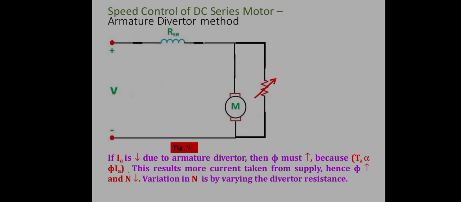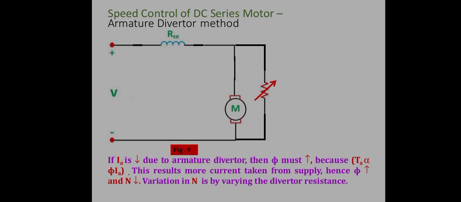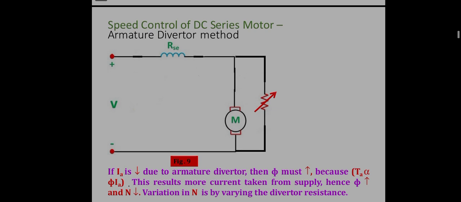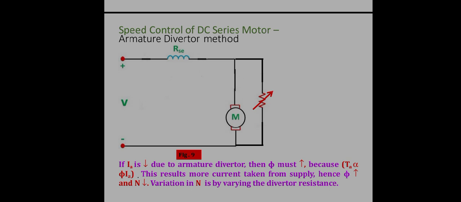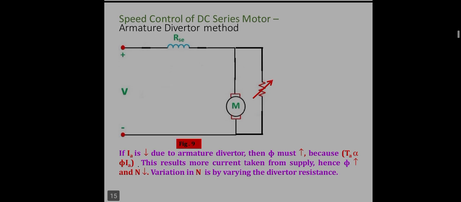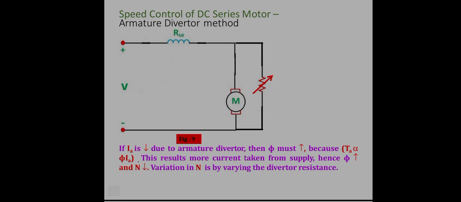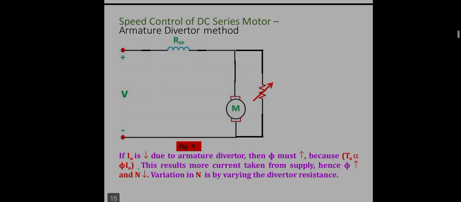Speed is inversely proportional to the flux. So this variation in speed is by varying the diverter resistance. When we change the diverter resistance, the current flowing through the armature changes, and that varies the flux. So when flux is changing, the speed is changing.